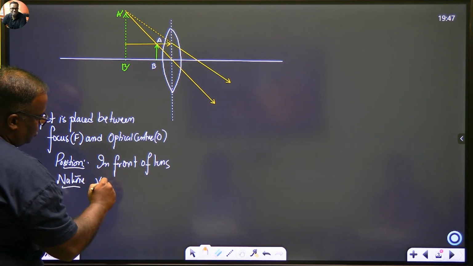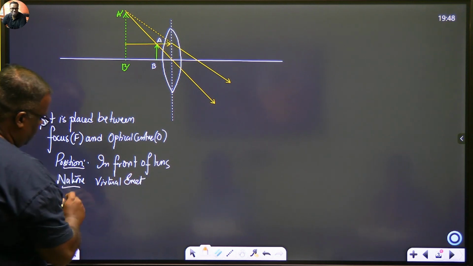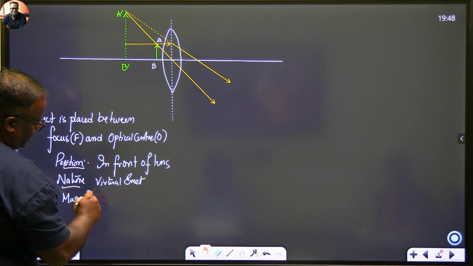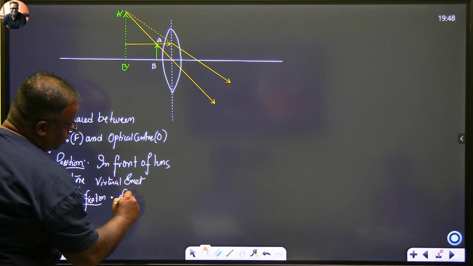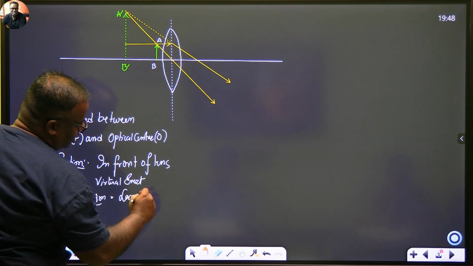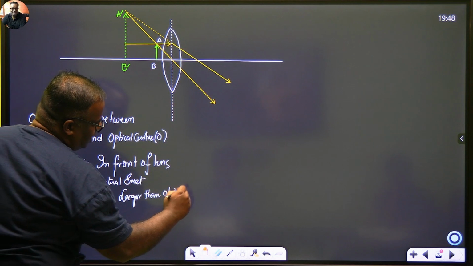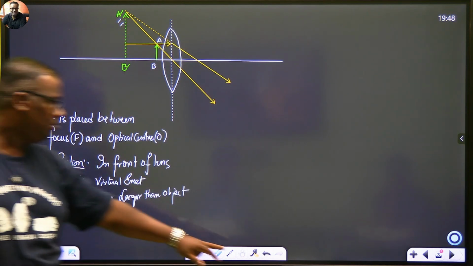Virtual. Virtual and erect. And what about the magnification? We will say that the magnification is larger than the object. Here we don't say positive and all because this is the theory part. It is obviously understood to be positive because it is erect.